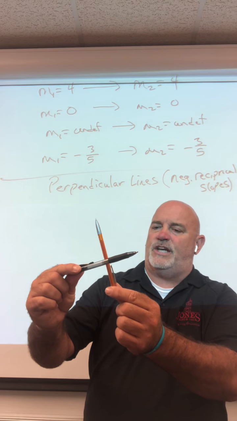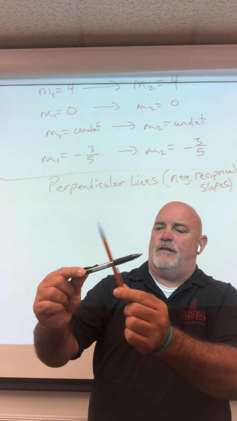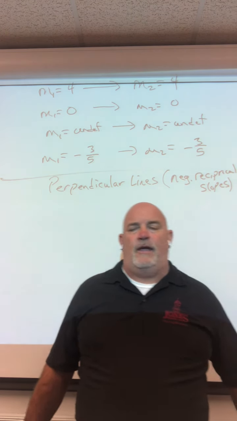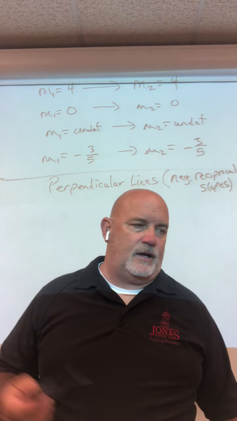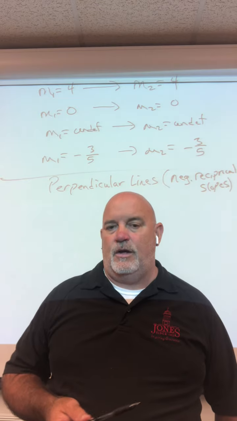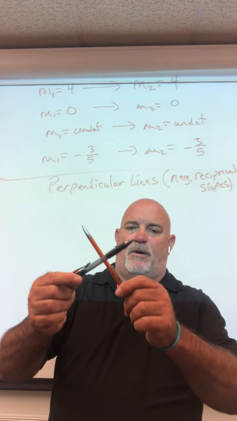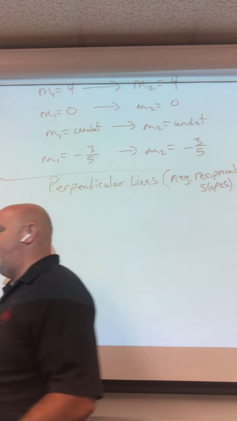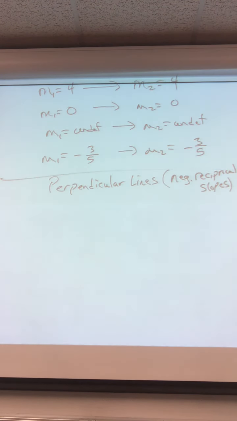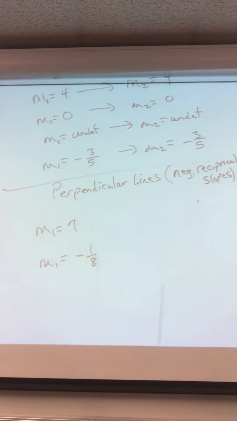If you remember from geometry, two lines are perpendicular if they intersect to make four 90-degree angles. Now, we're not going to get that mathematical with it. Two lines are perpendicular if they make a perfect T or a perfect cross. Now, what does it say about these two lines? It says the two lines are perpendicular if their slopes are negative reciprocals.